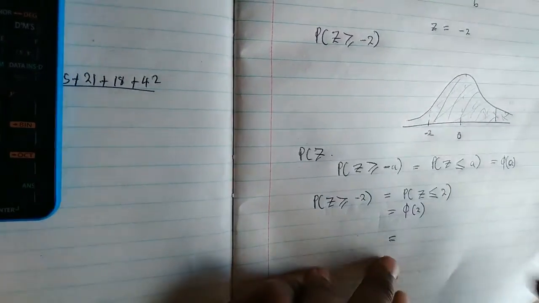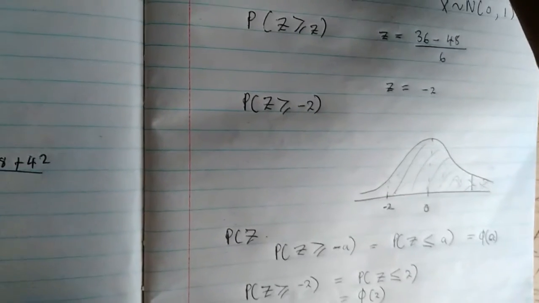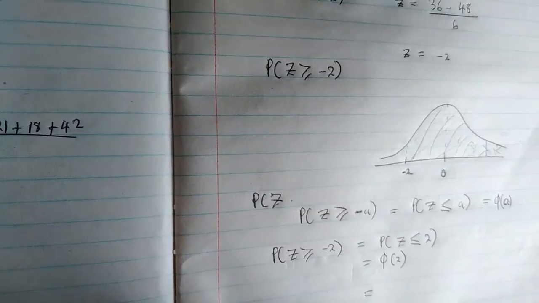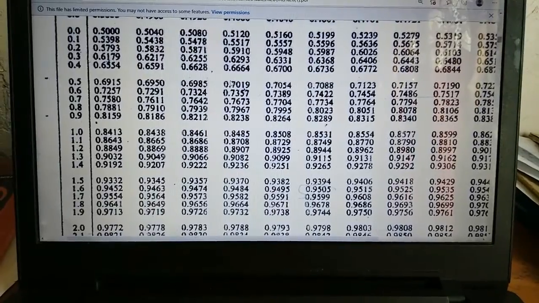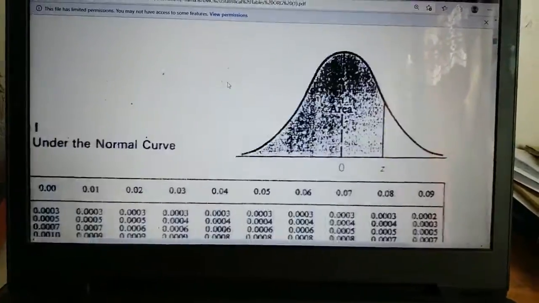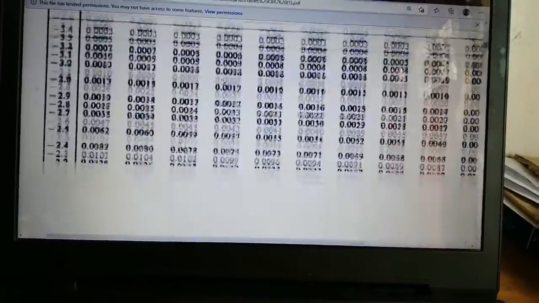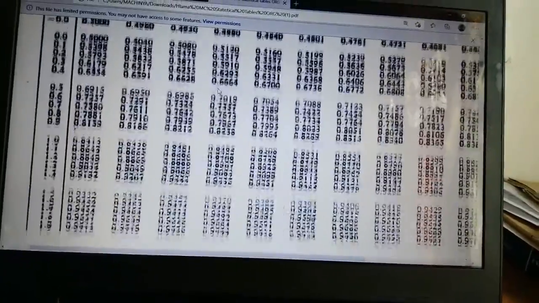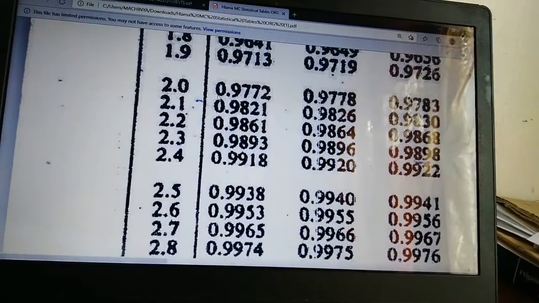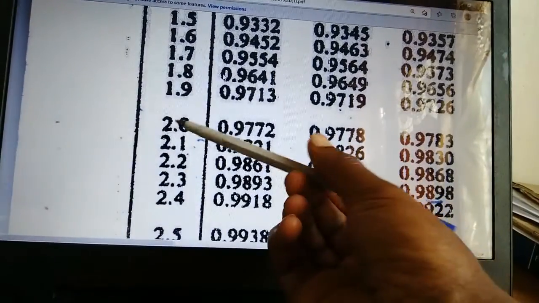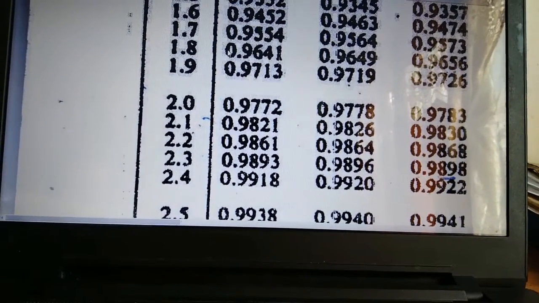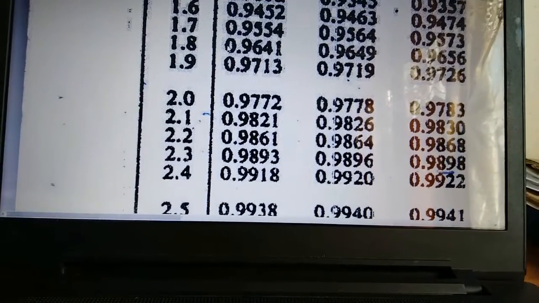We are going to use our statistical tables, the normal distribution statistical table, to find phi 2. So this is the table, and we are looking for phi 2. Phi 2 is over here, at 2.0. It is 0.9772.